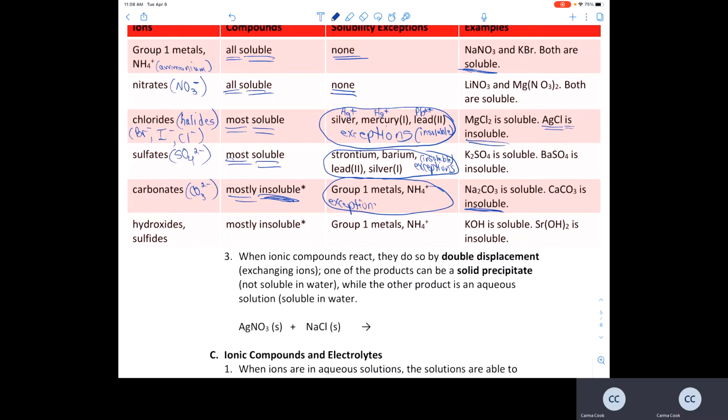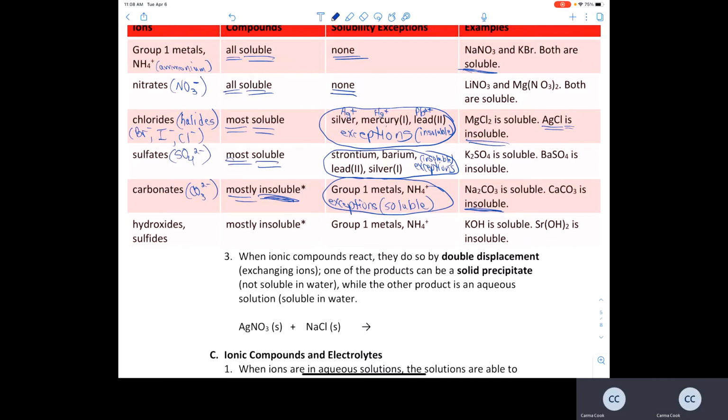These exceptions would make the ionic compound soluble, whereas for the other two rows above this one, those exceptions mean that if they're in the ionic compound paired with a halide anion or a sulfate polyatomic anion, then the ionic compound will be insoluble.